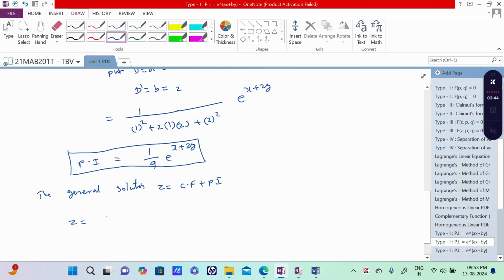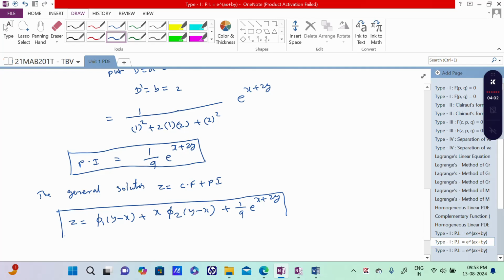So z equal to phi 1 of (y minus x) plus x into phi 2 of (y minus x) plus 1 by 9 e power x plus 2y.